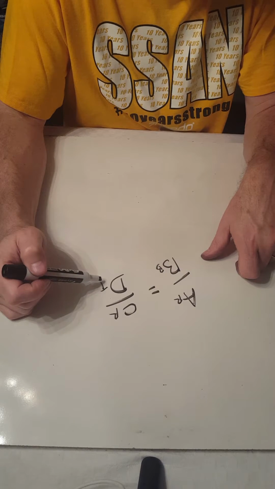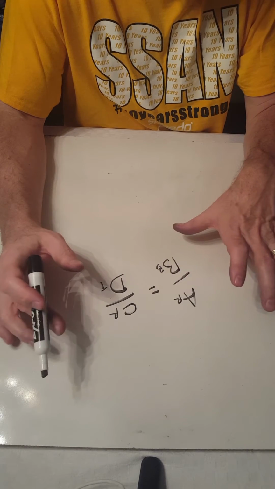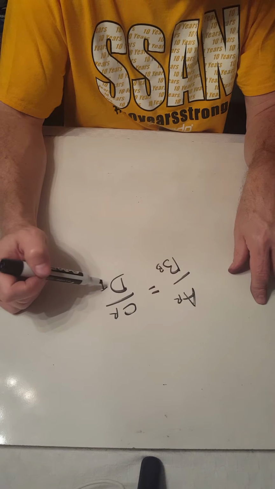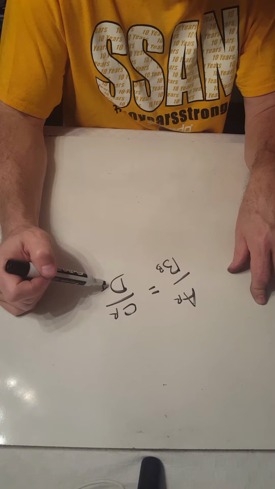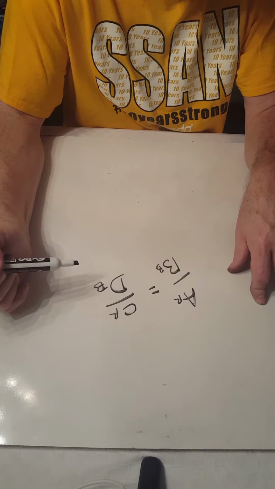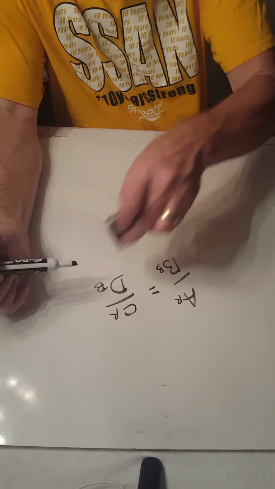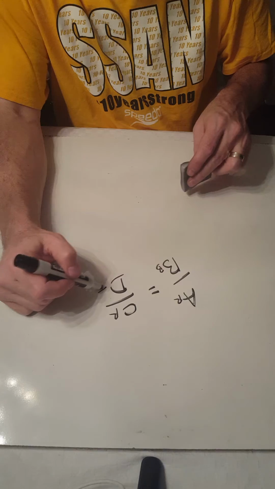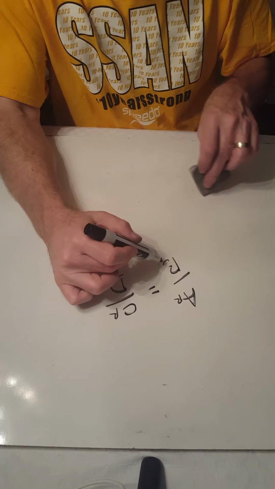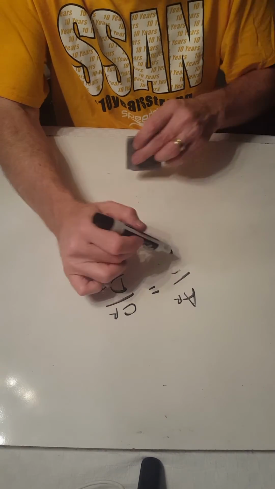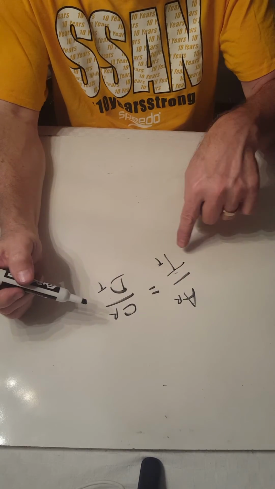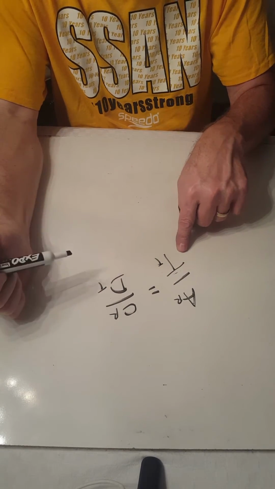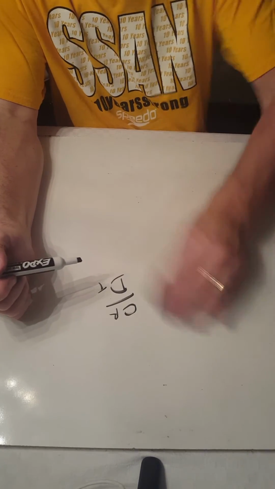So you would either have to figure out what the number of blue marbles is and set that equal to that, or you'd have to change your ratio so that it's A red is to T total as C red is to D total, okay? And we talked about how to do that.